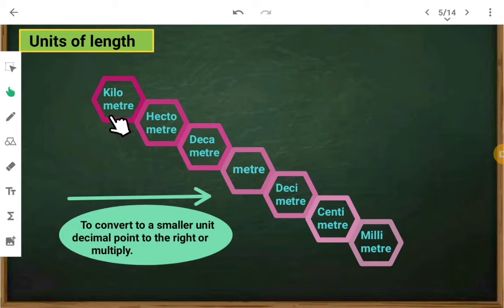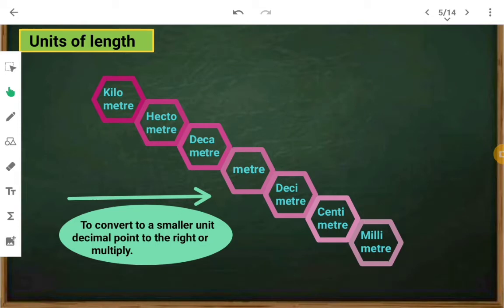Now we are moving from kilometer to hectometer, hectometer to decameter, decameter to meter, meter to decimeter, decimeter to centimeter, and centimeter to millimeter. This is the smallest unit of length.